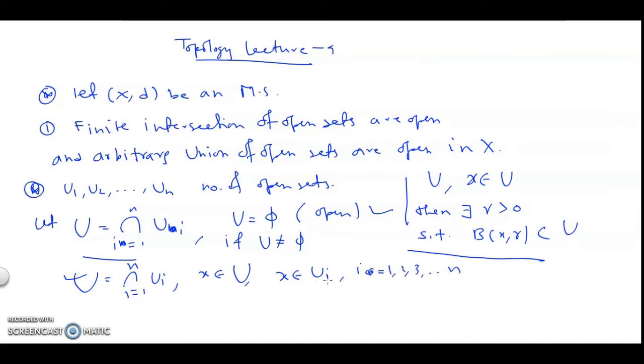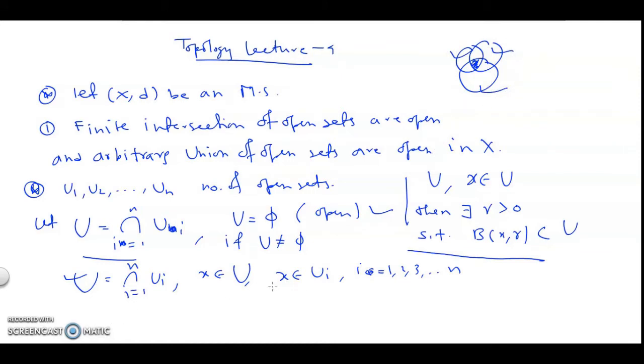For every i, x will belong, because x belongs to the intersection. If you take u1, u2, u3, and x belongs to their intersection, obviously this x belongs to u1 also, u2 also, u3 also.